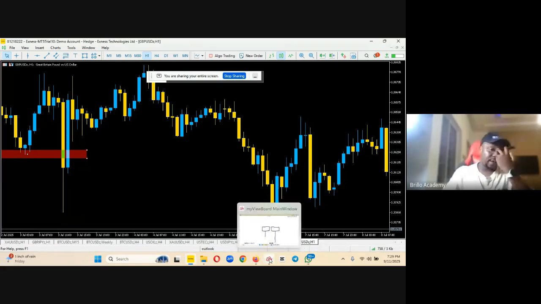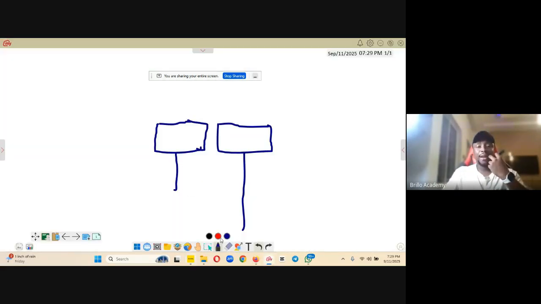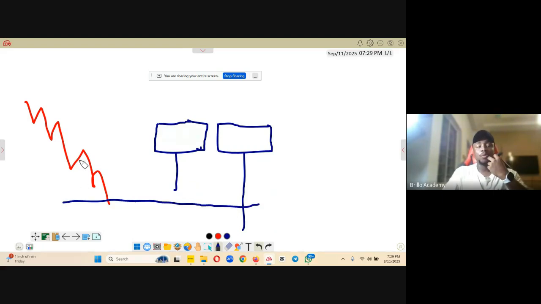Now, for instance, if we are having a downtrend like this, the market is coming down, and it got to a support zone, and you see a hammer being formed, it's an indication that this market is likely to reverse, because the market was coming down and this is a support zone, where price has respected over time, right?